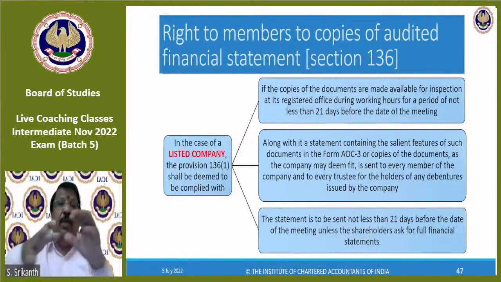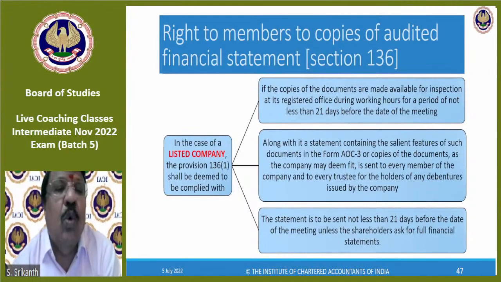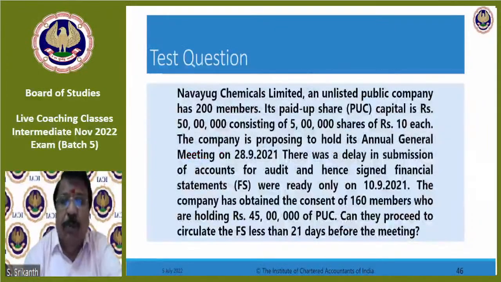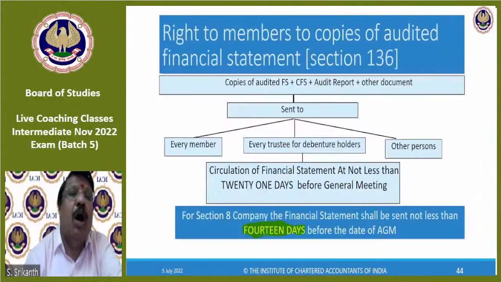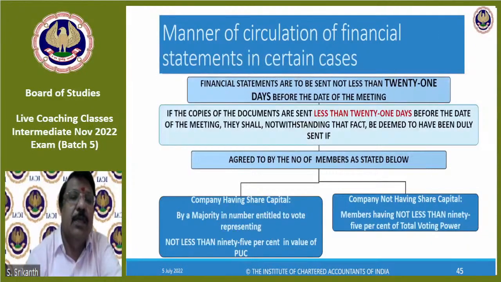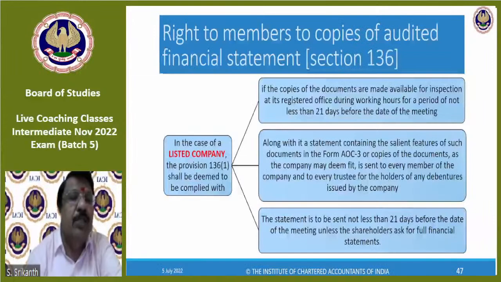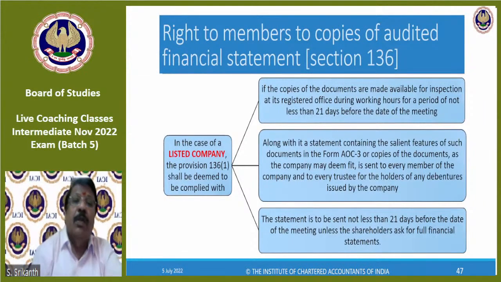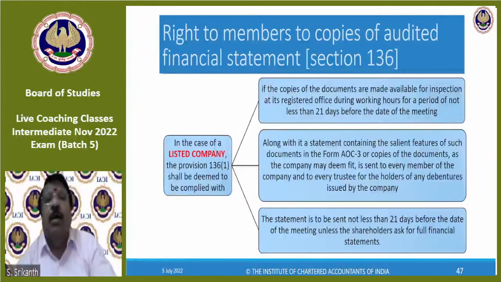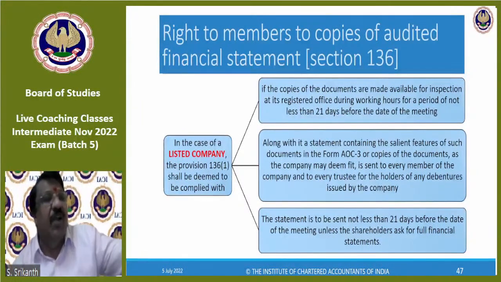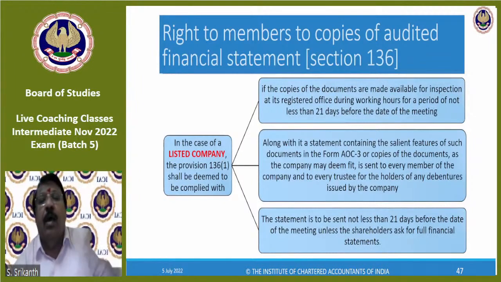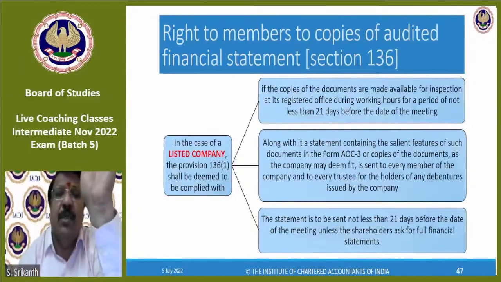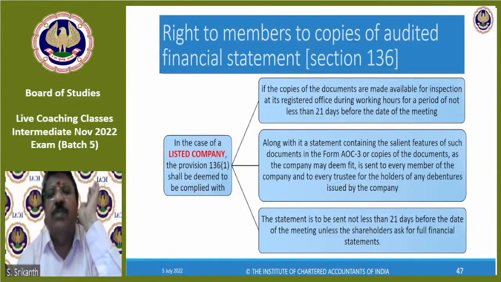see, this provision applies only to listed company. The provision we have seen up to now is applicable to all companies. This provision is applicable only to listed company. The listed company should ensure that copies of documents, all these documents, financial statement, auditor's report, and so on, are available for inspection at the registered office during working hours for a period of not less than 21 days before the meeting.